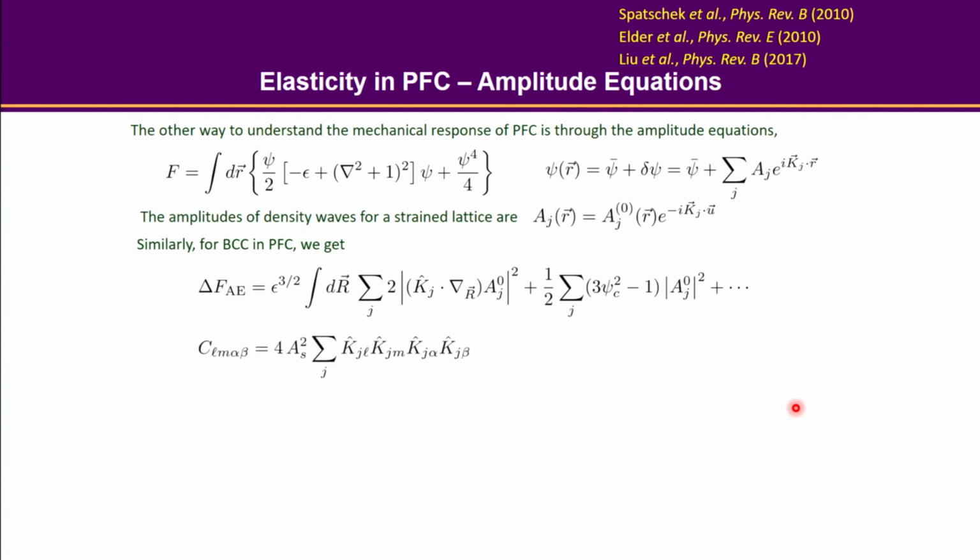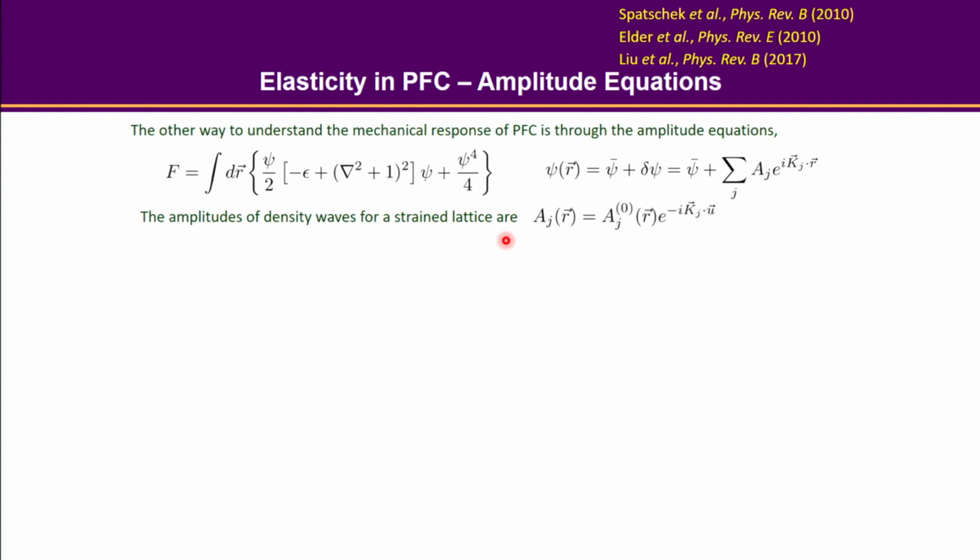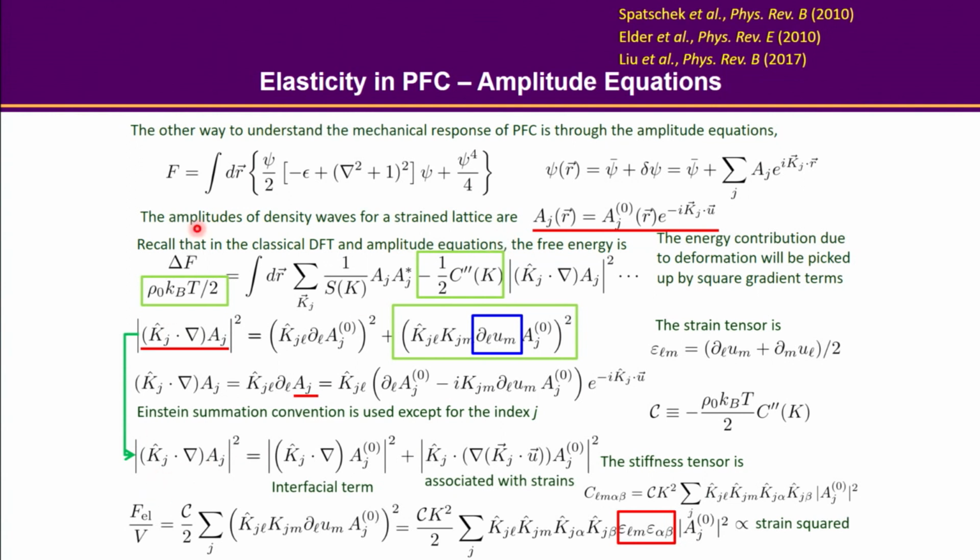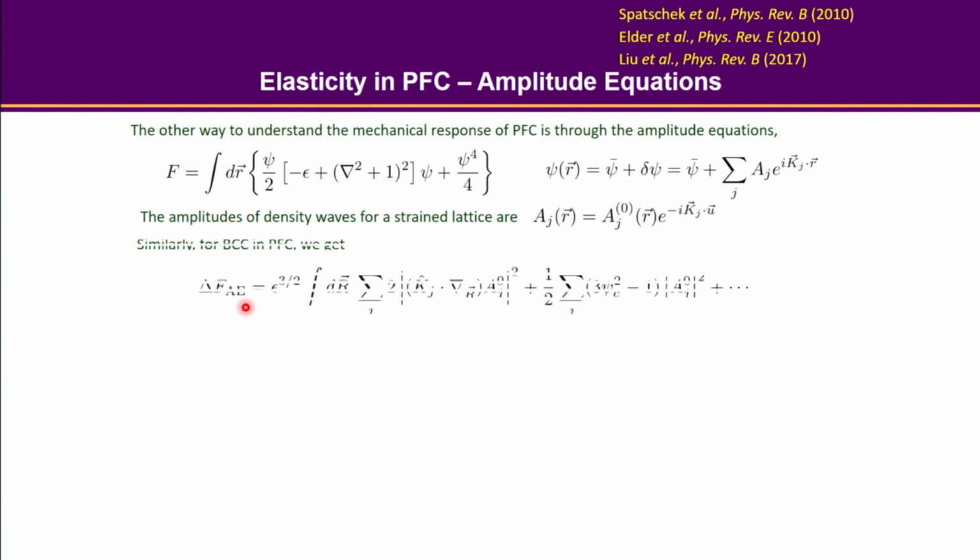So here I'm just saying similarly, because we start from that structure, everything comes out from this gradient operation. So if you do everything similarly, the only thing different will be the prefactor, right? As we know, the prefactor will be different. But other than that, everything is very similar.